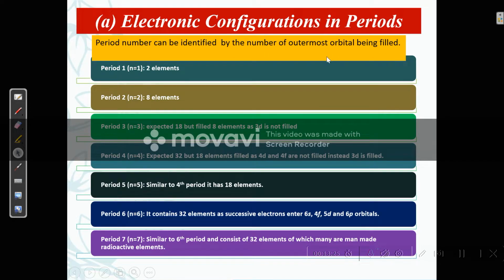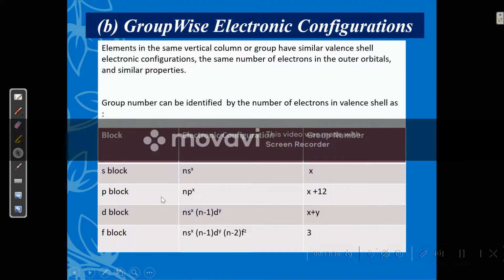For period you don't have to do anything: the outermost shell is the period. Whatever the last n value is, that is the period it belongs to. And for group you have to know the blocks, meaning in which block the last electron is entering. If it goes into S, it is S block, and for S block the group is defined by the electrons in S: 1 means first group and 2 means second group. So S has only two groups, S1 first group, S2 second group.